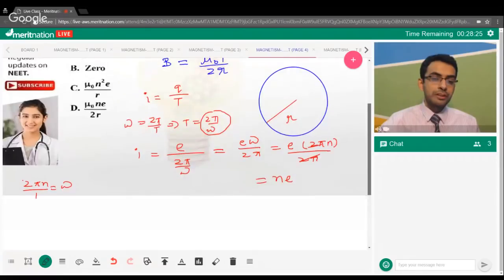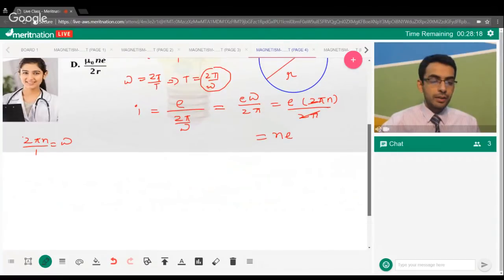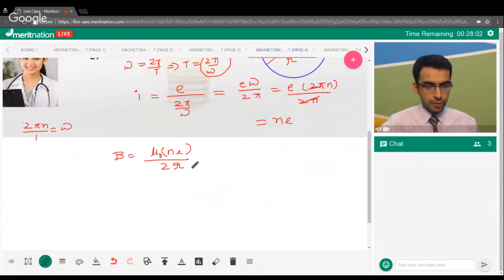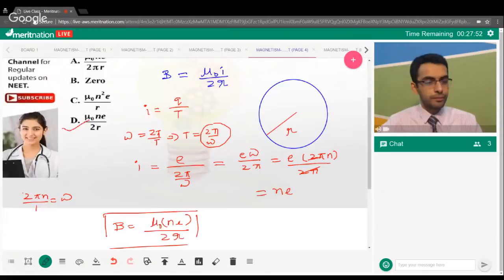Now, substituting the value of current in the above formula, we simply get B equal to mu naught nE divided by 2R. So the correct answer for the given question is option D.